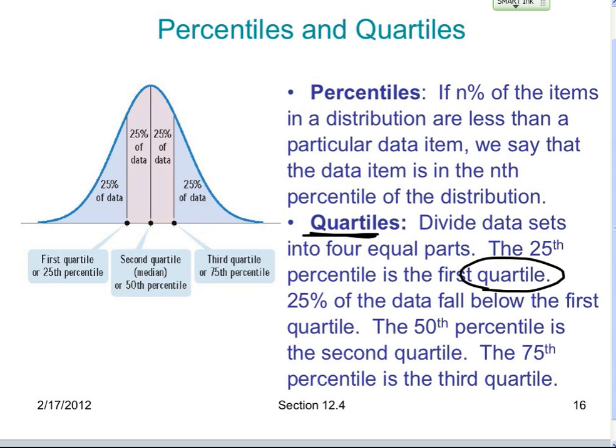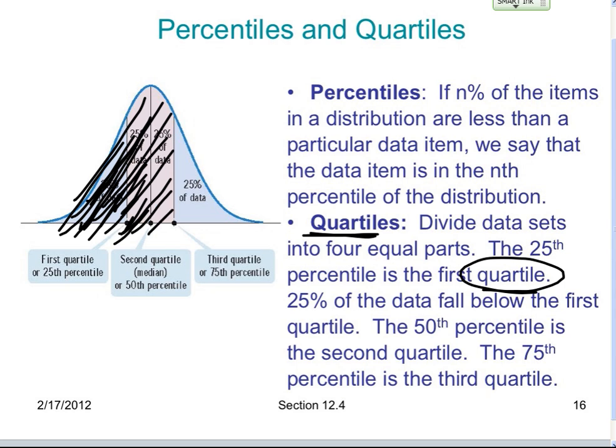The first quartile is the bottom 25%. The second quartile, we add another 25%, so it's the bottom 50%. The third quartile is the bottom 75%, and then the fourth quartile would be basically 100%, if you will.